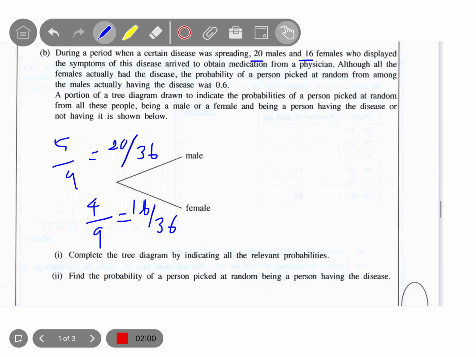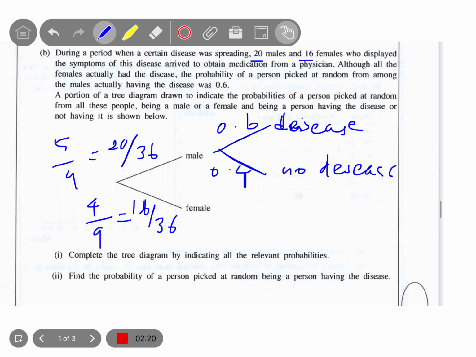Then out of males, if you try to figure out the people who are having disease, no disease, right? Having disease is 0.6, and this should then be 0.4. For females, there is no point drawing here because the question states that all females have the disease.